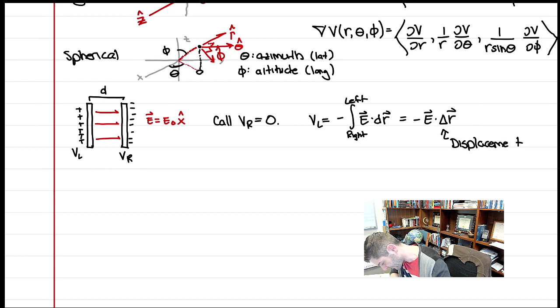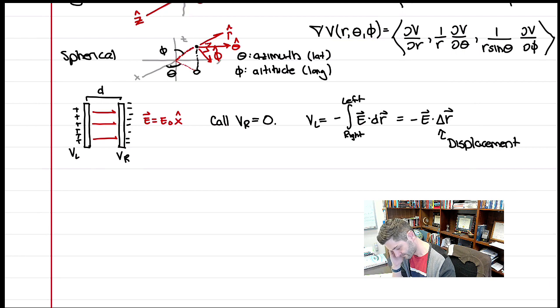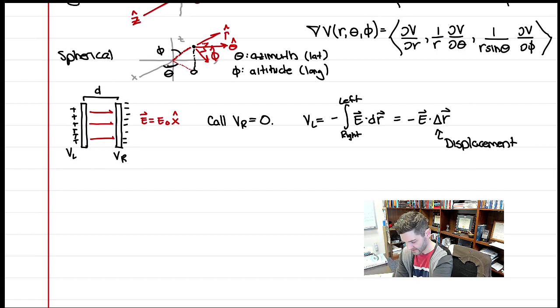I don't have to do that integral if E is just a constant, because then I'm just adding up E dot dr over any path, but ultimately it's just my net displacement.